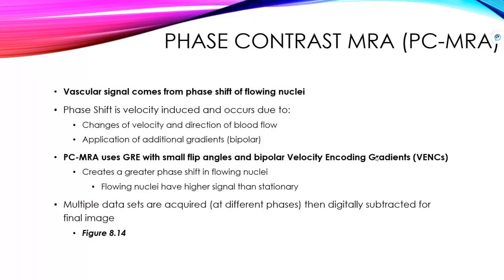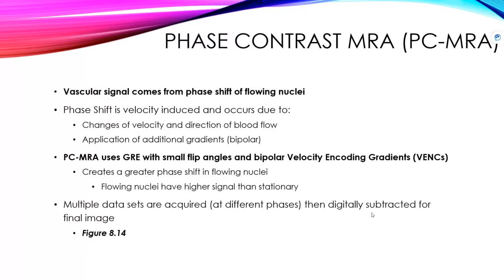Then you collect the signal from the ones pointing to 3 o'clock, and then you collect other signal from the ones pointing to 9 o'clock. And then you digitally subtract them from each other to create your final image. So you're going to create this big phase shift between the two, pick up one data set for the 9 o'clock phase, one data set from the 3 o'clock phase, and then subtract them from each other to create the final image.